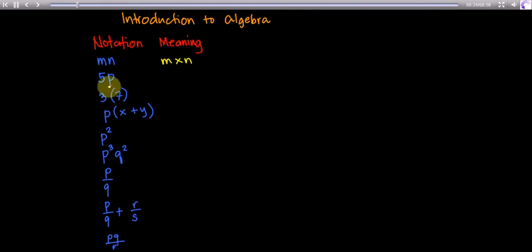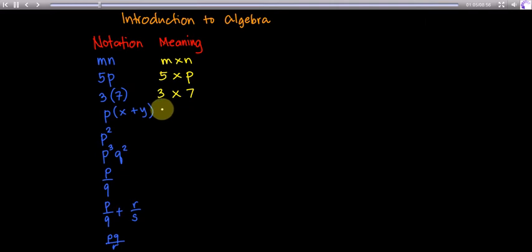Alright, 5p. So that simply means 5 times p. Next, we have 3 quantity 7. So that is just 3 times 7. Now we're having p times quantity of x plus y.